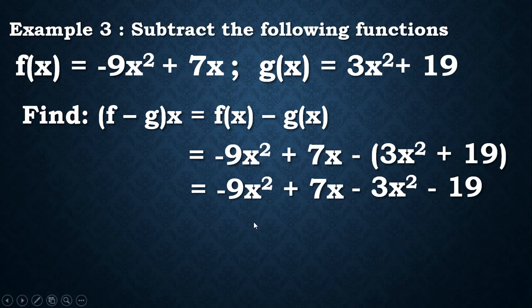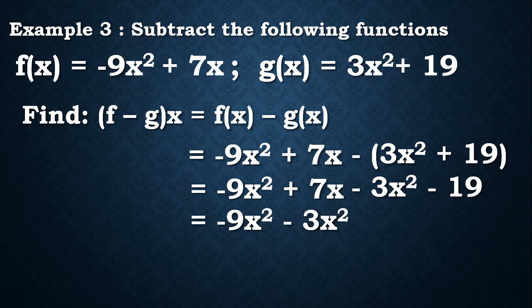Now, let us proceed in combining like terms. We have negative 9x squared and minus 3x squared. They are like terms because they are both raised to the exponent of 2. Bring down 7x and negative 19. Let us add this part.